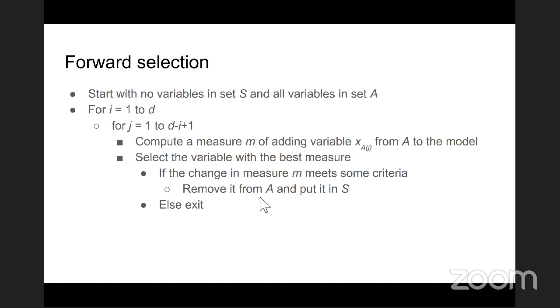So you start with a naive model where you have a set S in which you have no variables at all. It's completely empty. And then all the variables are in this parking lot, which is set A. Now recursively you add the best variable to set S, and you keep adding until your model does not improve.